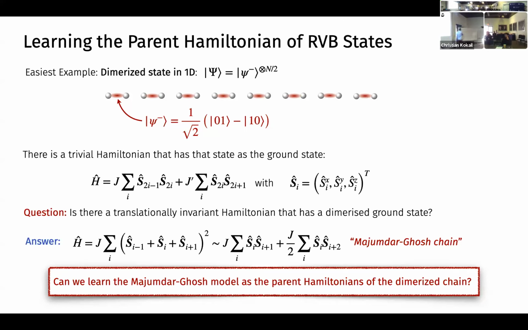Okay, and now our task is to find the coupling coefficients alpha i. What these guys proposed is simply to minimize the variance of the Hamiltonian in your state. If the variance is 0, this state must be an eigenstate of the Hamiltonian. Right?